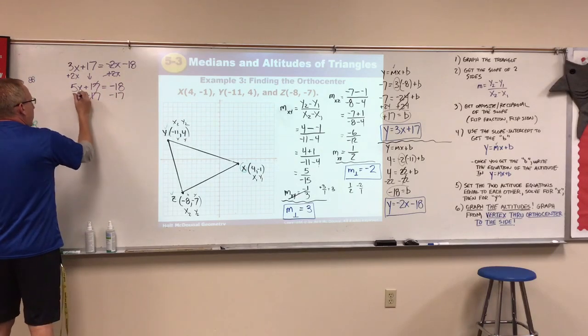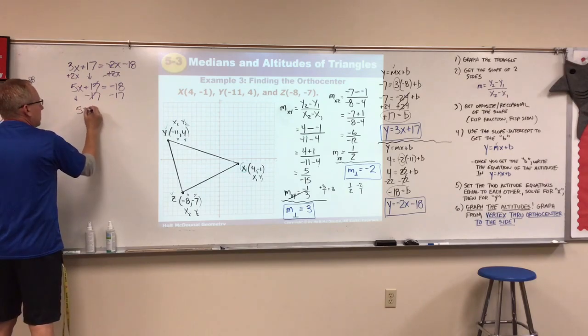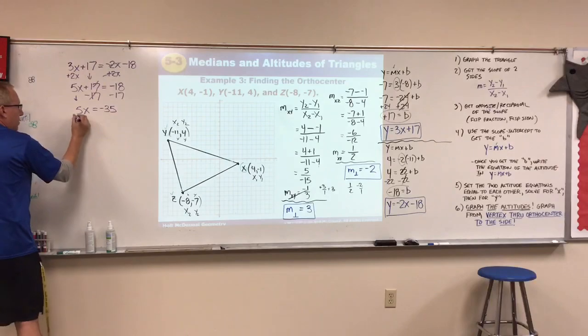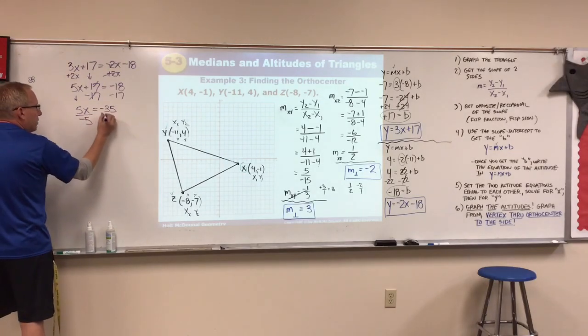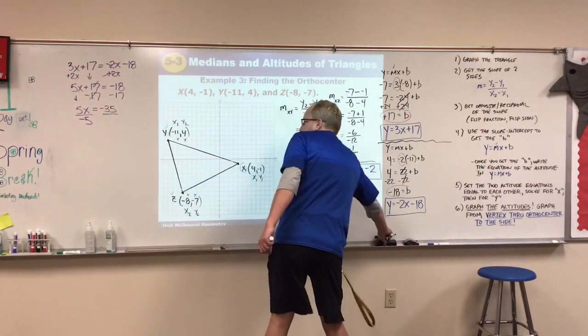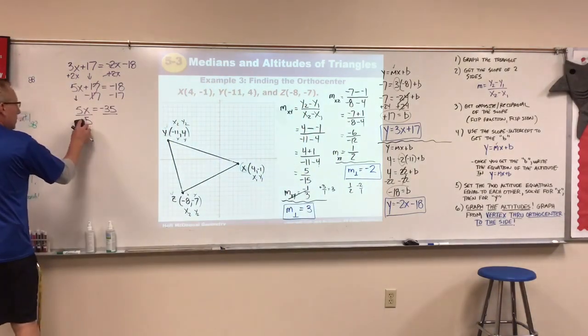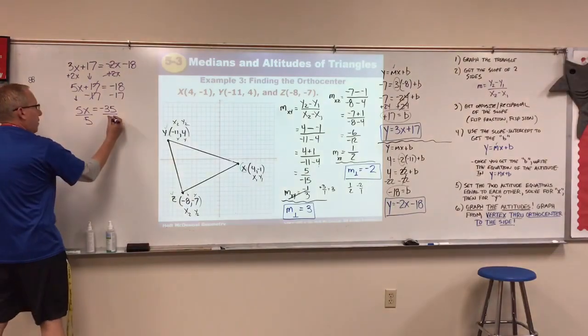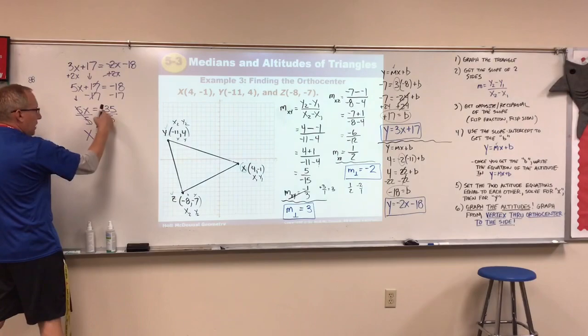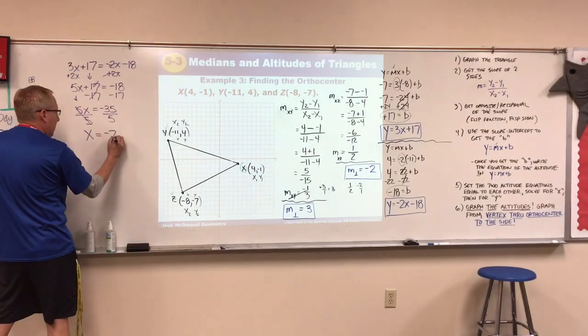Cancel, cancel. 5x equals negative 35. I'm going to divide by 5, not negative 5. Cancel. x equals negative 35 divided by 5, which is negative 7.